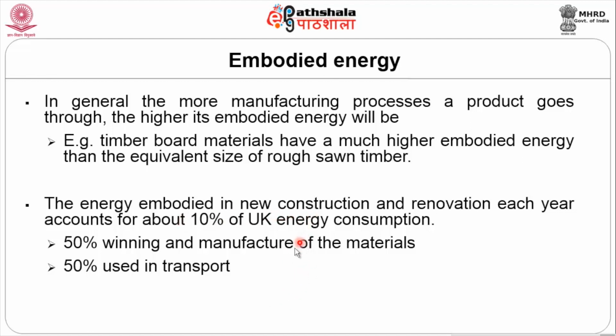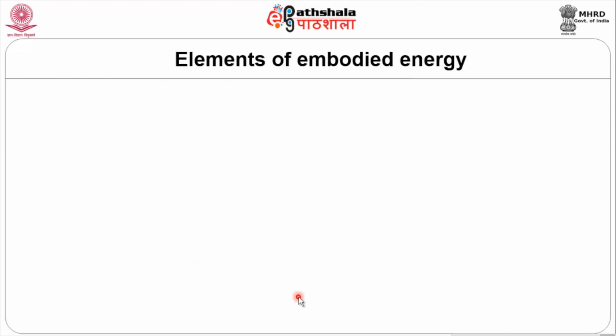And the energy which is employed in new constructions always increases 10% every year, which we have seen in the life cycle analysis, and it is similar in terms of the embodied energy. More or less 50% goes into the production of the material and 50% goes into the transportation.